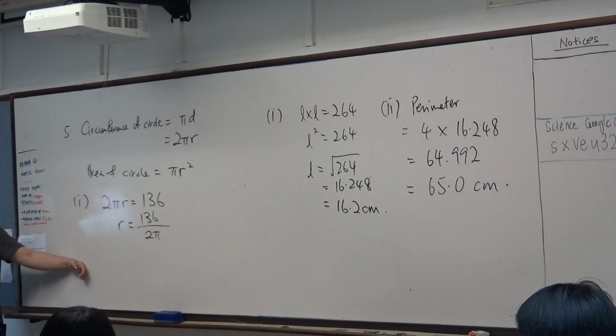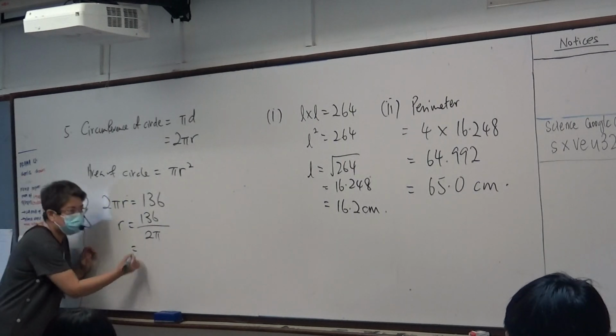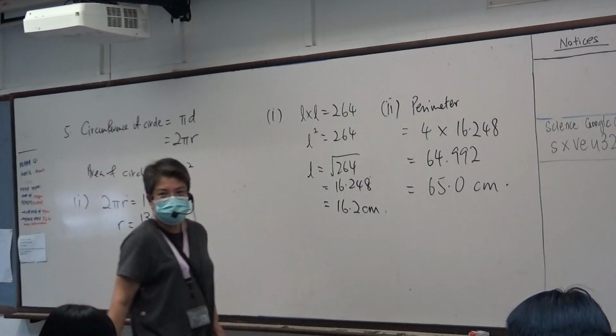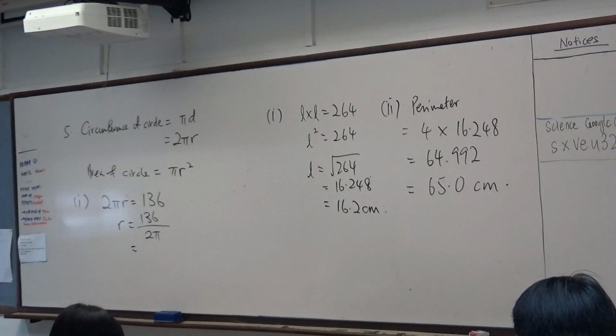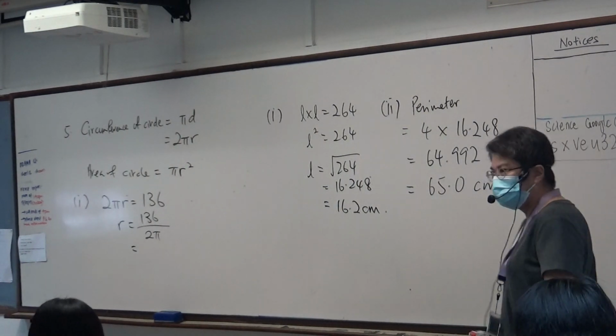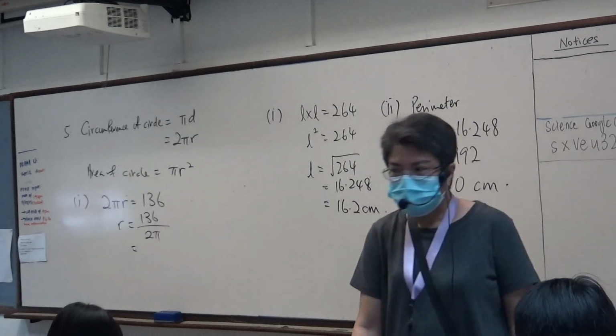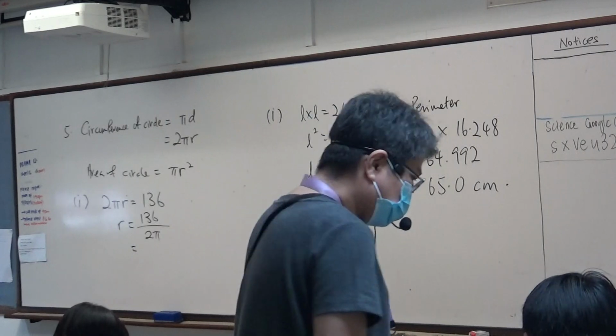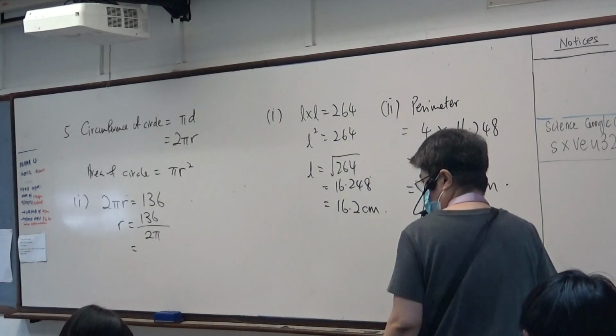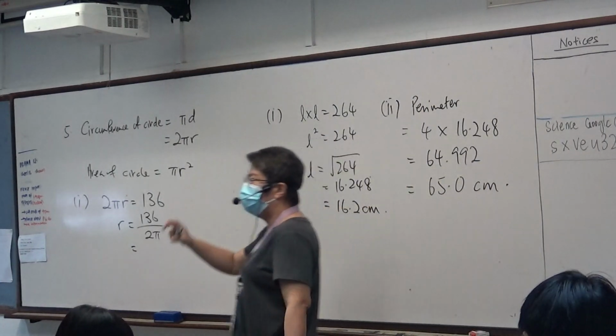Am I right to say that? Okay. Now, can you key the calculator? What's 136 over 2 pi? No, divide by 2 pi. That means you key the numerator, then the denominator.